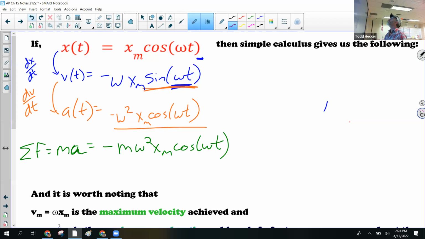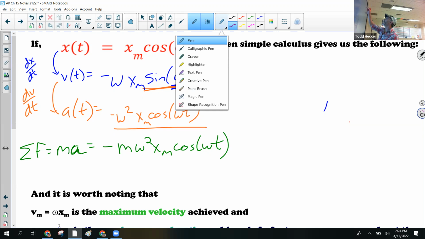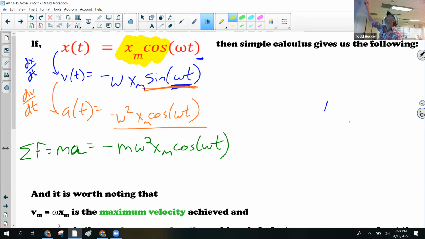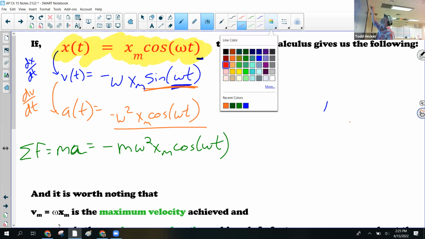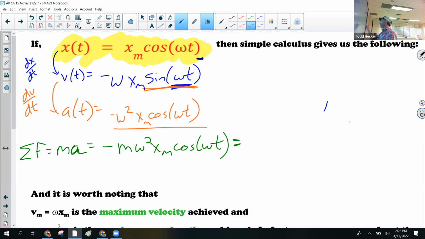Okay, so take a look at these two functions. I'll highlight them. So that's my position at time t. This is my restoring force at time t.